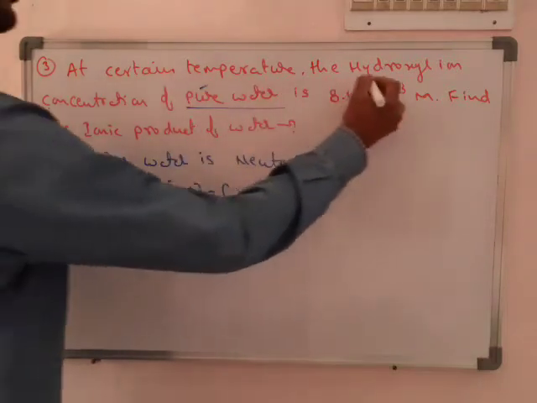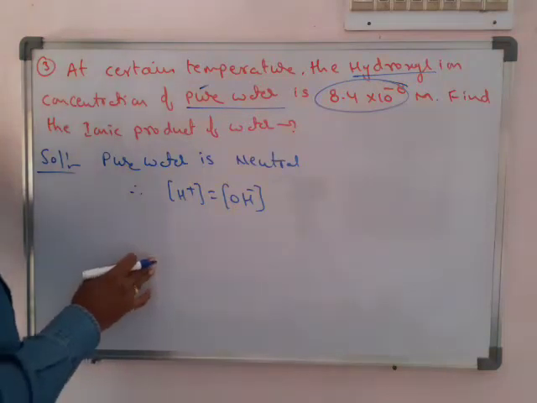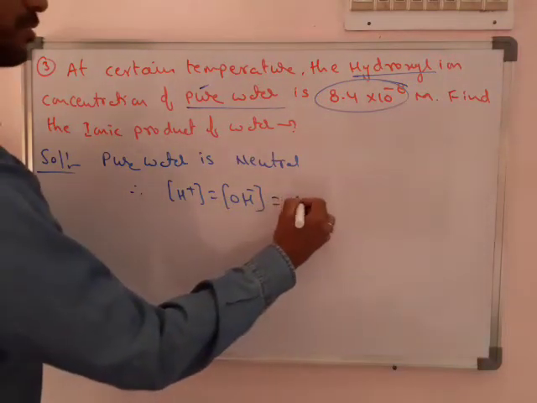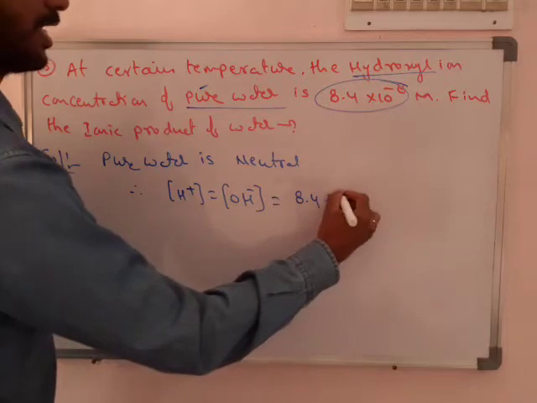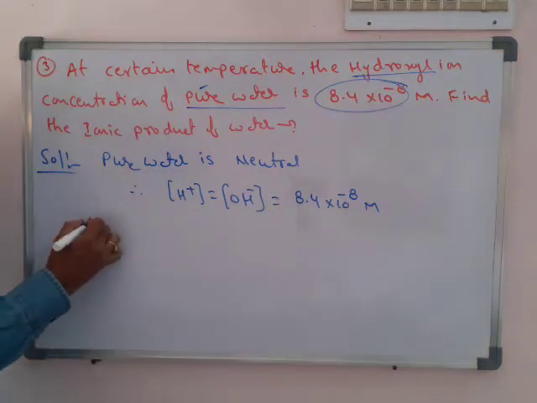So the hydroxyl ion concentration is given 8.4 into 10 power minus 8. So that will be equal to H plus also. So both are having the same concentration. So we have to find the ionic product.